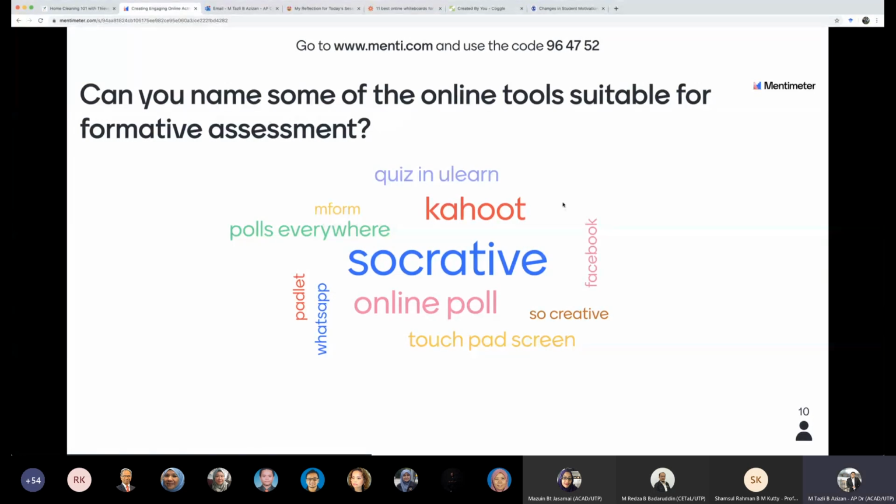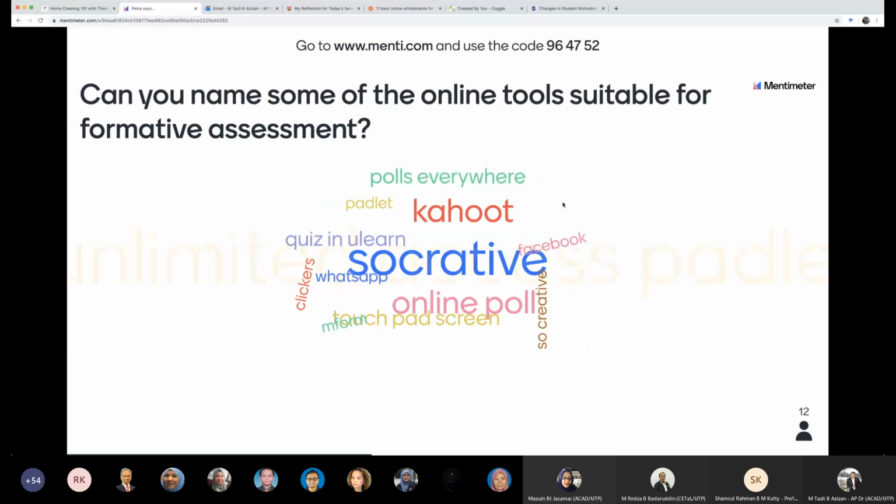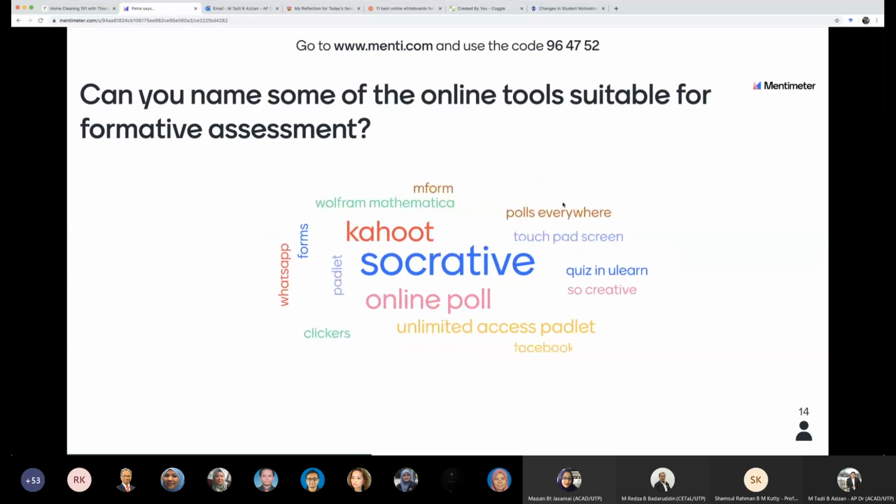So creative. Padlet, quiz in ULearn, Microsoft Form, okay. Unlimited access Padlet. Clickers, right? Wolfram Mathematica.